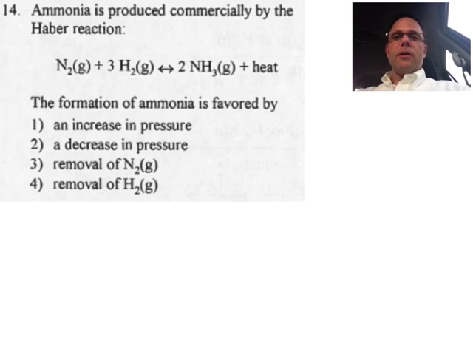So how do we do that? The formation of ammonia is favored by, again, we want it to go to the right. Well, something we have to identify: we have gases here, so we have 1 mole of N2 gas, 3 moles of hydrogen gas, and that's in equilibrium with 2 moles of ammonia as a gas.